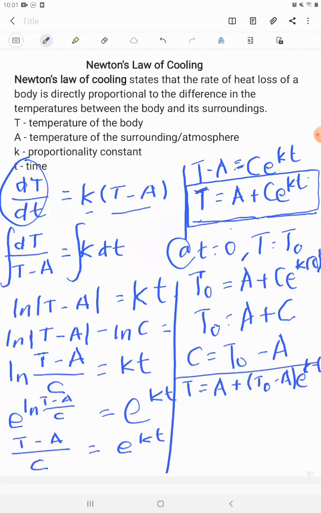Alright, so we can have this as our alternative equation. That is A plus T sub O minus A, e to the power of kt.